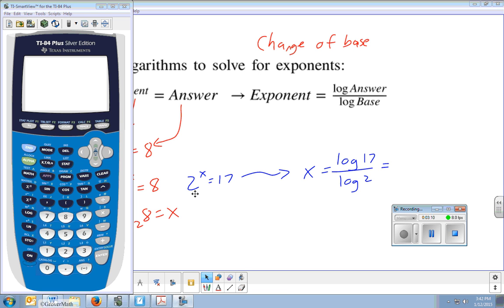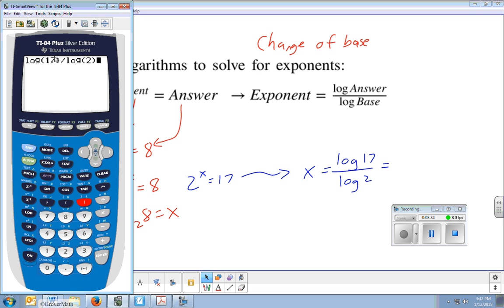So anyways, we have a log button over on the left side of our calculator here. It says log. So if we type in log 17, notice that it opened a set of parentheses for us. So it's really important here that before I divide, I close the parentheses, then divide, and then do a new log for 2 and close those parentheses also.